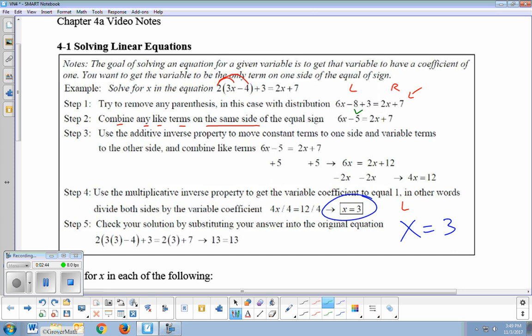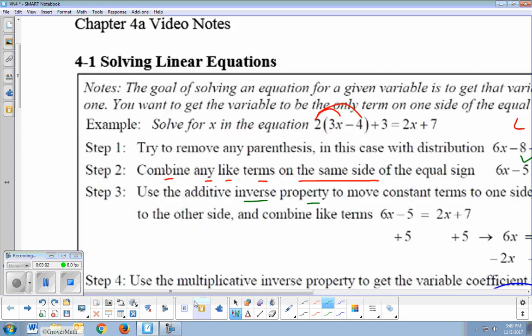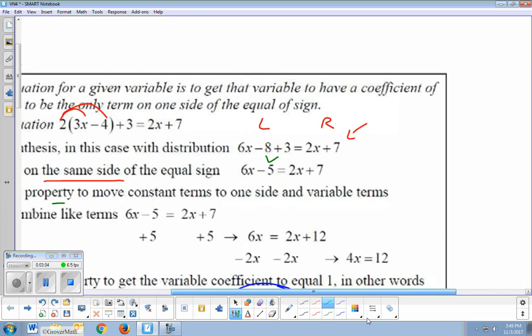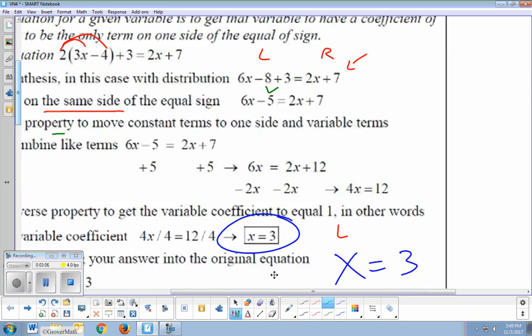Then you're going to use the inverse property to move things from one side to the other. So now I'm looking at combining like terms that are on separate sides. Here I have 6x and 2x as like terms, and -5 and +7 as like terms. But this is where it gets a little more complicated. To combine like terms on opposite sides, you can't just combine them.